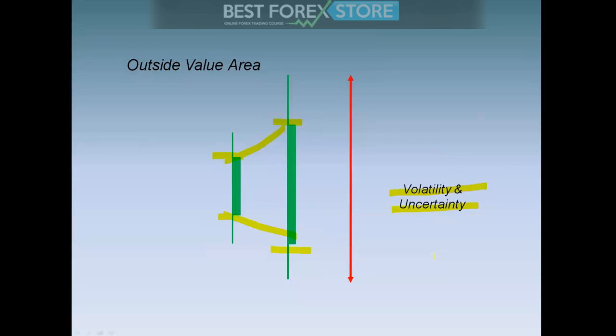Whenever you begin to see this activity, especially at the end of a move, you should quickly recognize that we are developing what is known as a topping pattern. There's going to be a directional change in the market. One of two things are going to happen. One, we're either, if we've been going up, we're going to go lower, or we're going to move sideways. But there is a definite high level of uncertainty.